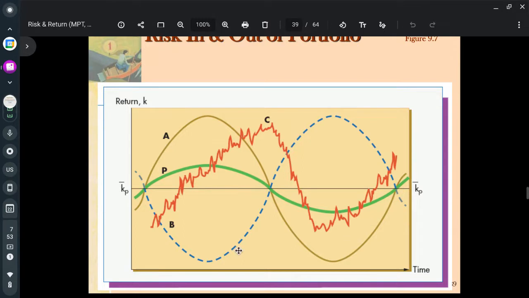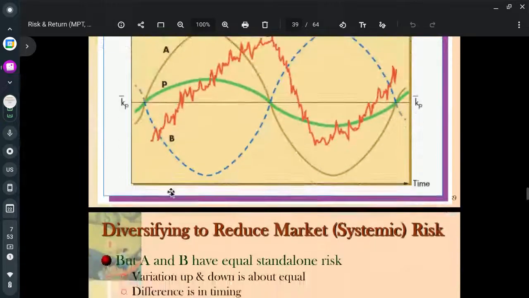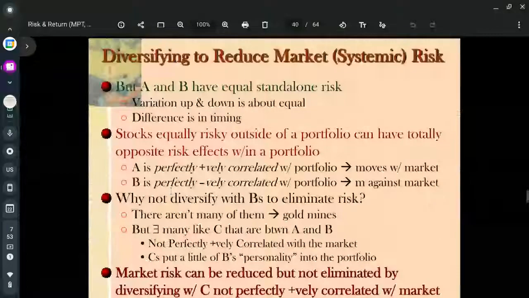In other words, that much of the risk is reduced by constructing a portfolio with two securities. If two securities can reduce the portfolio risk by this much, how much more with more securities in the portfolio, right? Coming from different industries.